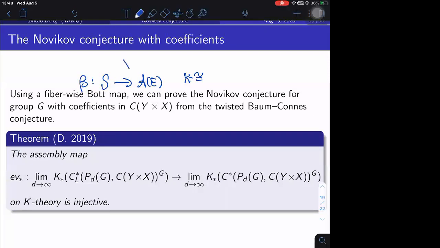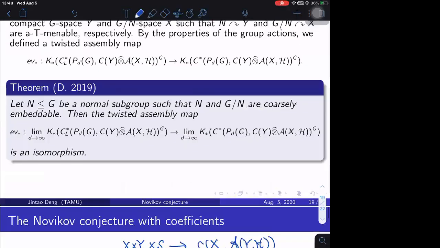Actually, it's like X times Y with the trivial bundle with fiber S, mapping to C of X times A of Y of H. Oh, let me check.